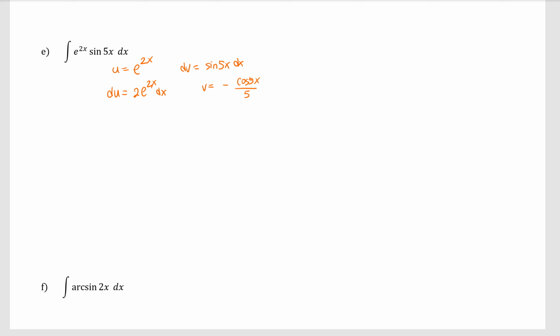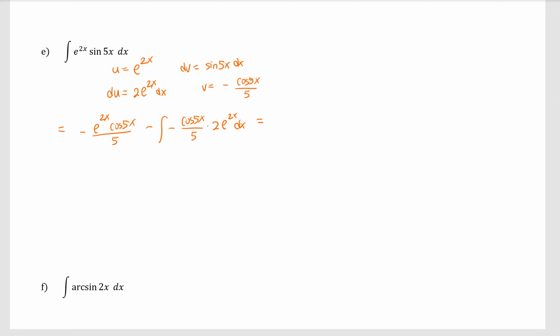We use the integration by parts formula, and we get uv minus integral of v du, where du is 2 e to the 2x dx.